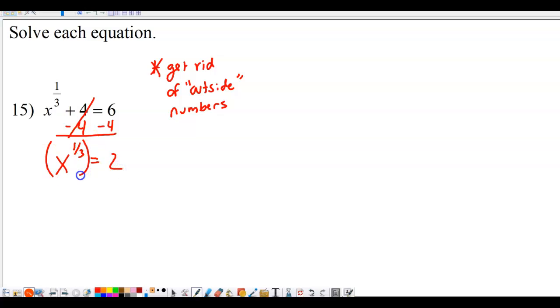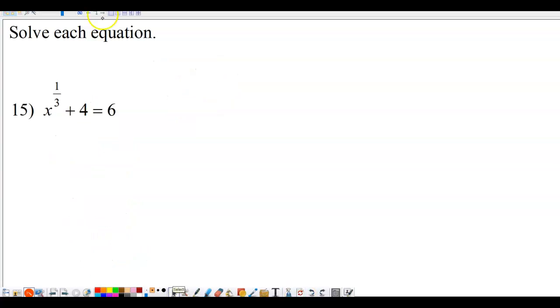Now I'm going to raise both sides to the reciprocal power. Now 3 over 1 is just 3, so these cancel, and 2 to the 3rd power is 8. So get rid of outside numbers if there are any, and then there's one for you to try here like that. Now you're going to have 2 outside numbers to get rid of. You're going to start by adding 4, and then you're going to divide by the negative 4. So you have 2 outside numbers to get rid of on yours.